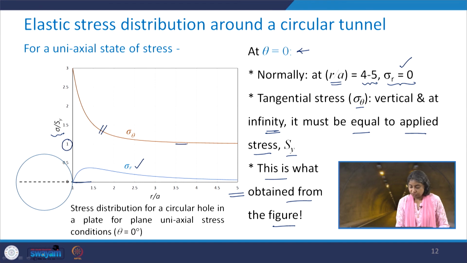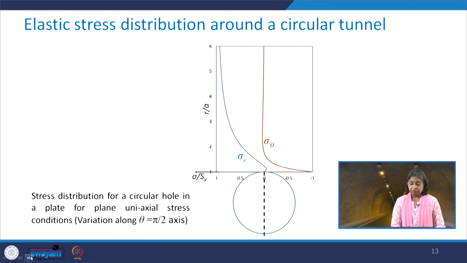So, what does that mean? That sigma theta is equal to Sy, which is what should happen at a large distance. Exactly the same variation we are getting from this particular figure.